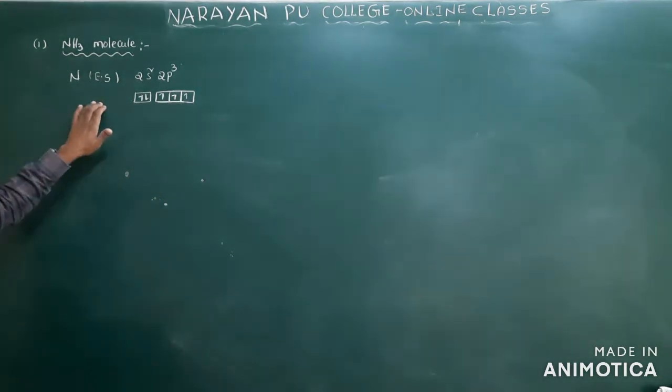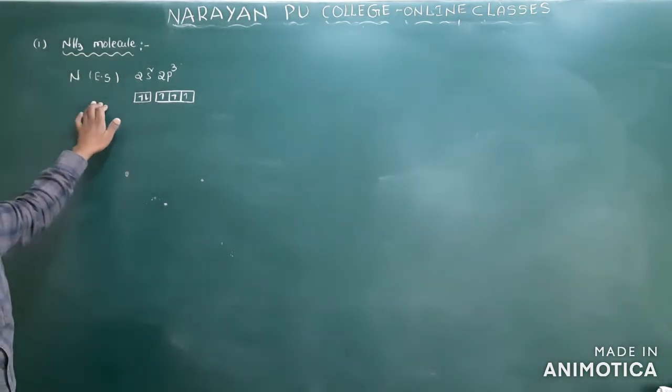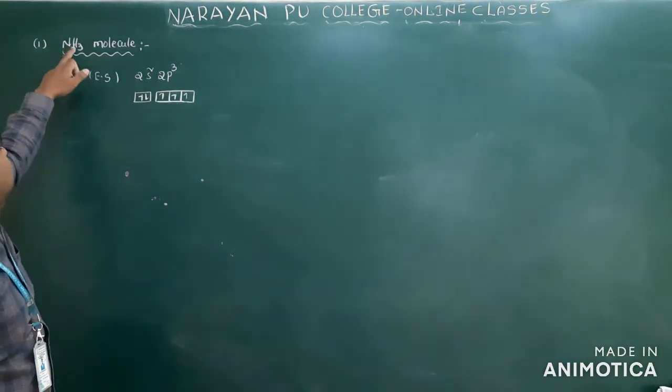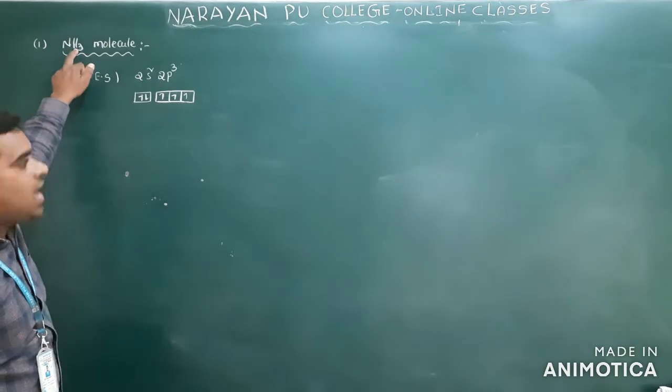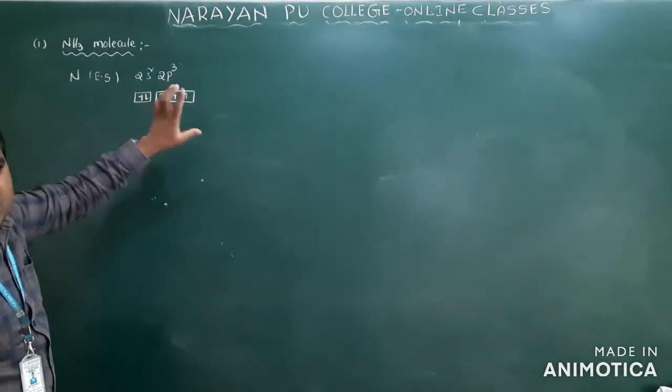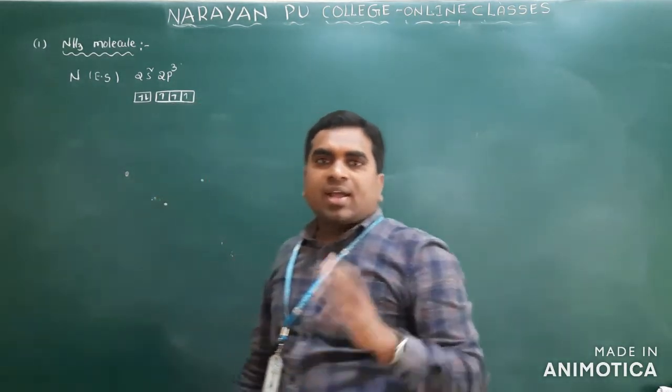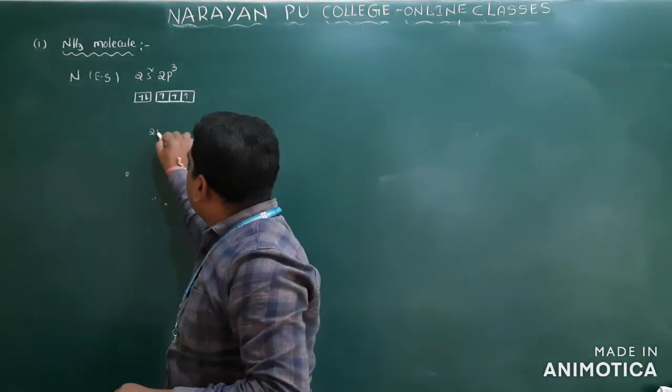So you need not write the excited state here. When you have to write the excited state depends on the surrounding atoms and the unpaired electrons you have. Previously I took carbon, 2s2 2p2.